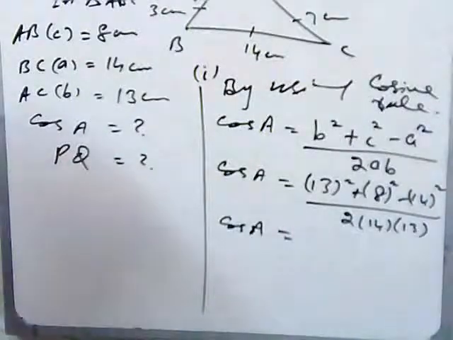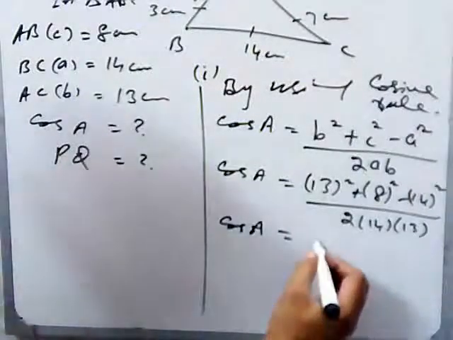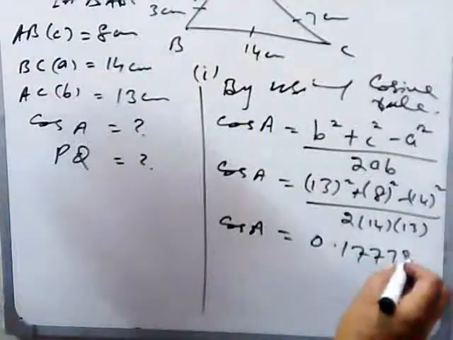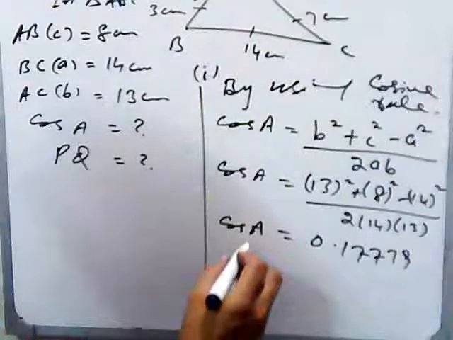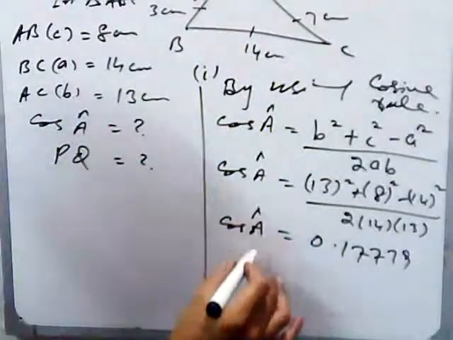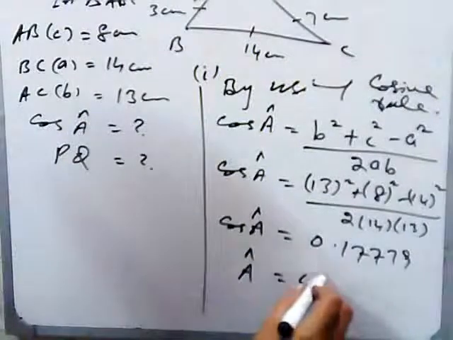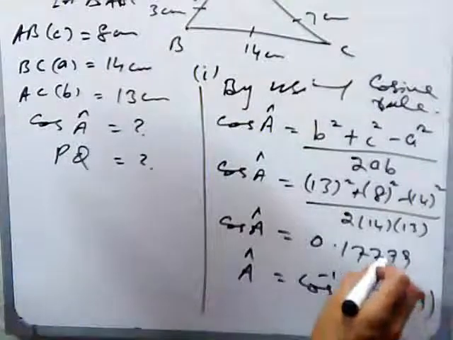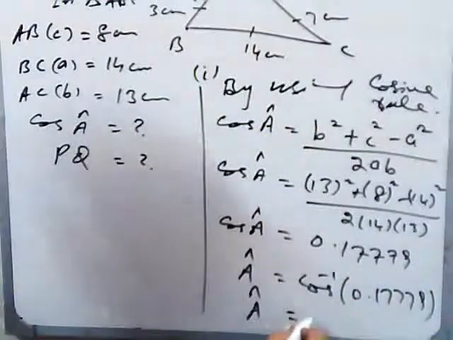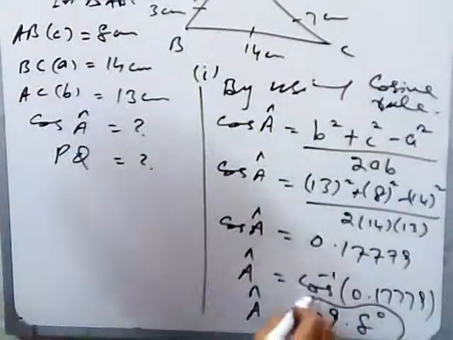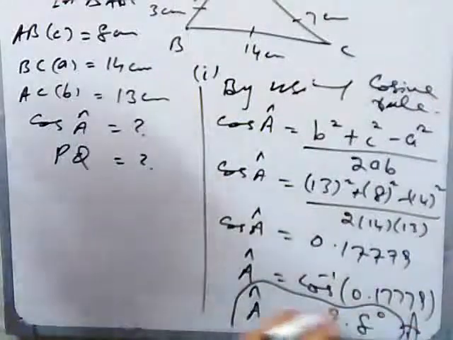By using a calculator you will get 0.1779. So we need A, that is your angle. We need the angle A, that is cos inverse 0.1779, so you will get the angle A is equal to 79.8 degrees. So that is the simplest form.